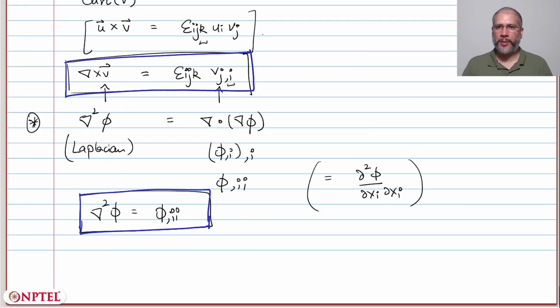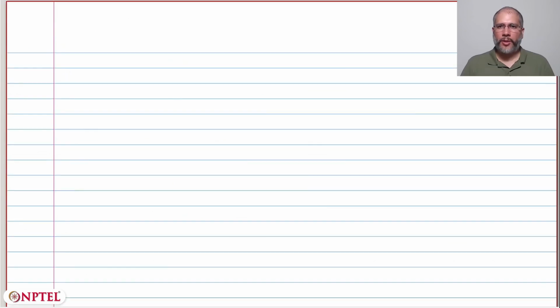Now we have done operations on vectors or scalars today while discussing vector calculus, because as I said, we wanted to be in known territory, but in the next lecture we'll talk about these operations being applied to tensors of second order or above. So before we close this lecture today, let us try a problem.